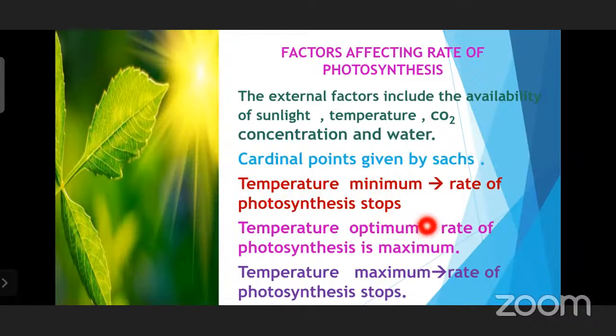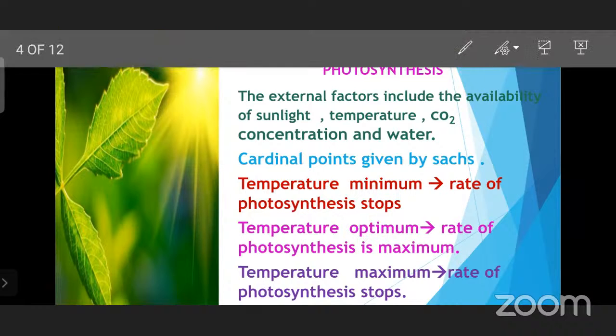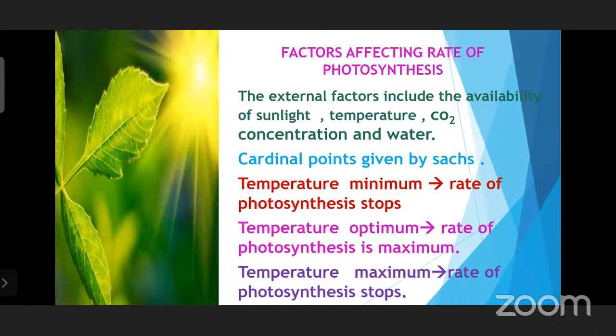And temperature optimum means the rate of photosynthesis is going to become maximum, because a greater amount of chlorophyll molecules can trap the solar energy, get excited, and start the light reaction, and the dark reaction will proceed.